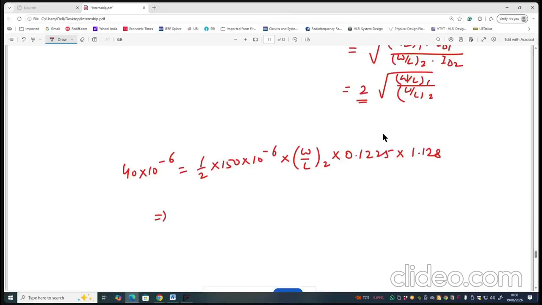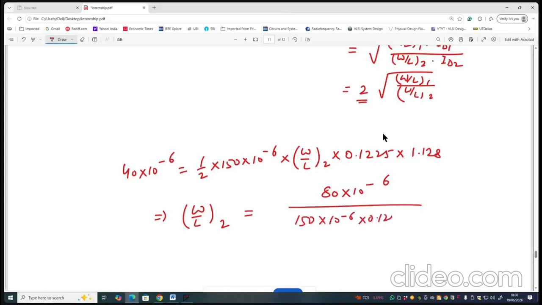And from here, can anybody tell me, this 80 into 10 to the power minus 6 upon 150 into 10 to the minus 6 into 0.1225 into 1.128, the value? That comes out to be 3.85.